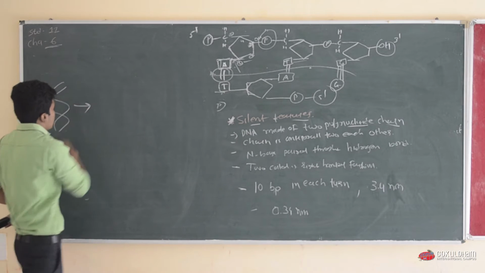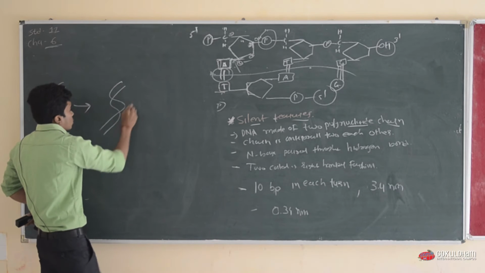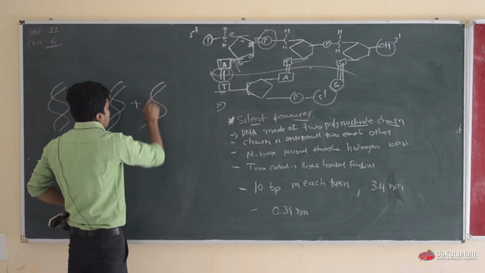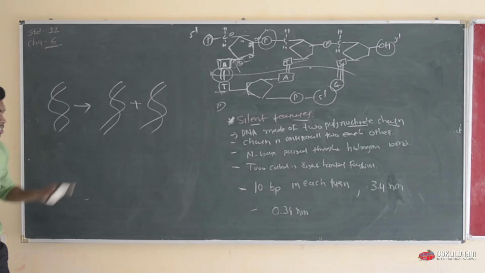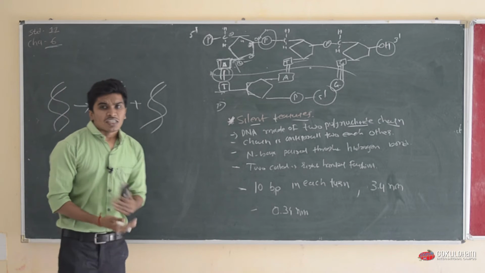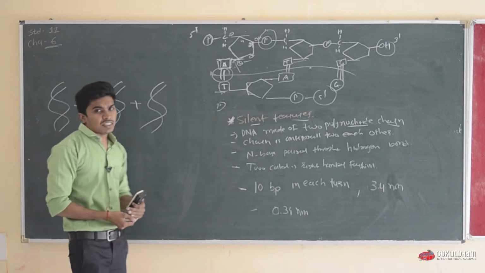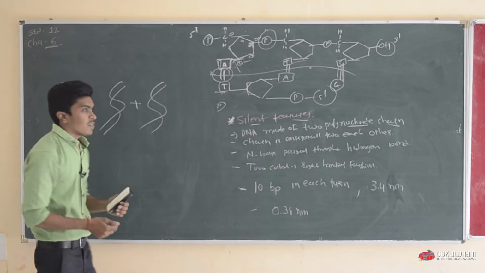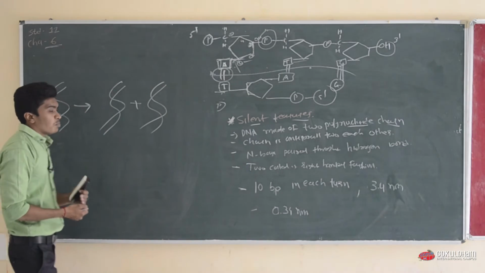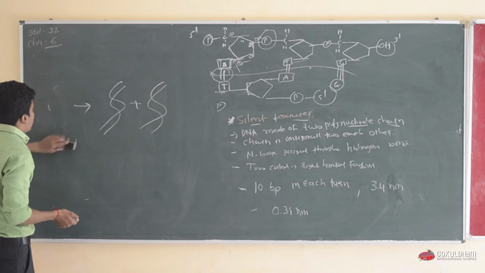When it is in the synthetic phase, it will make 2 copies of itself. This process is known as DNA replication. So what is DNA replication? DNA replication is the process by which DNA makes copies of itself.